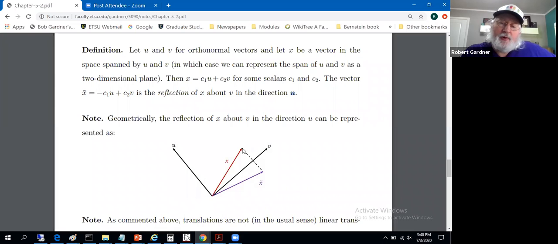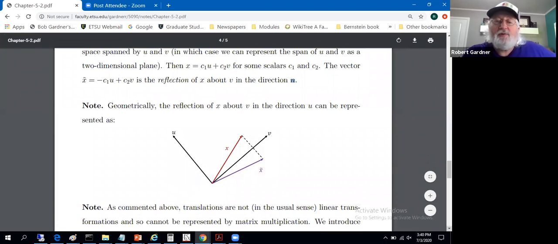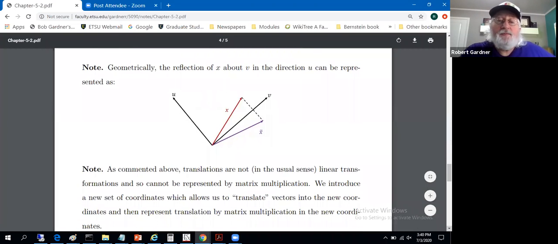Looks like if we were to project x onto v, we get, what's that, about 3/4 of the length of v. So we could speculate what these coefficients might be. And you simply change the sign of the coefficient of u. So instead of going upwards in the direction of u, we go downwards in the opposite direction of vector u by introducing that negative sign. And you get a mirror image, you get a reflection. So of course it's called reflection because, look at it, it's a reflection.